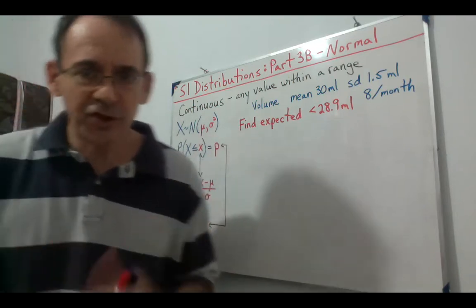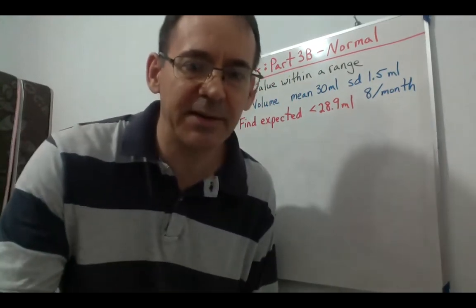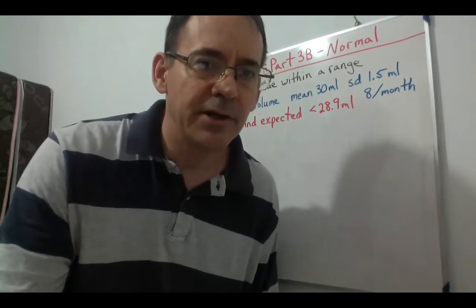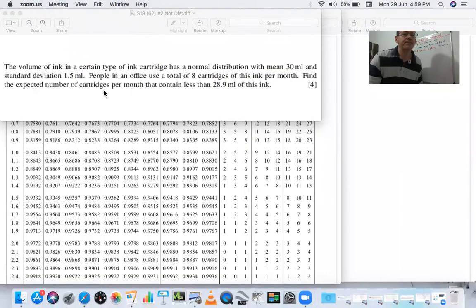Now, let's just jump into our first example and look at it, and we'll explain it as we go. So here's our first example. It says the volume of ink in a certain type of ink cartridge has a normal distribution with mean of 30 milliliters and a standard deviation of 1.5 milliliters.